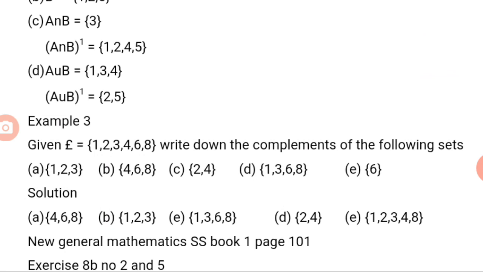All the students that are in SS1A, B, and C are all the universal set. Is that clear?